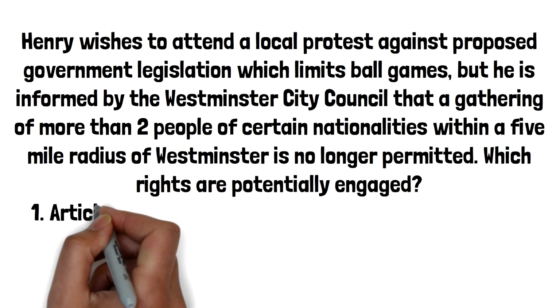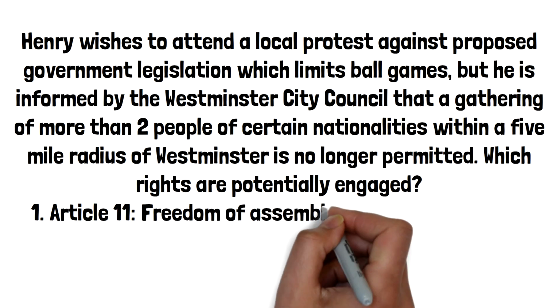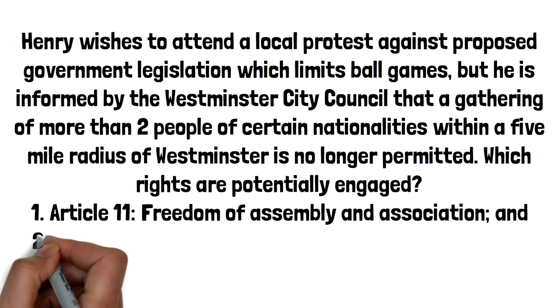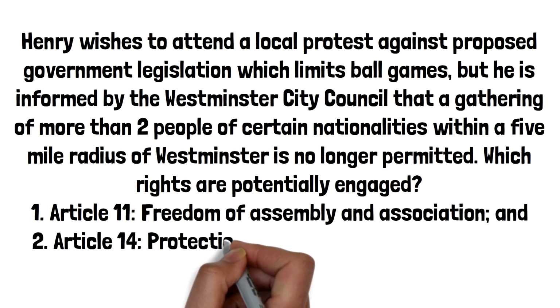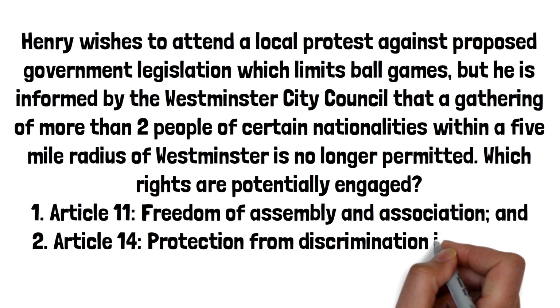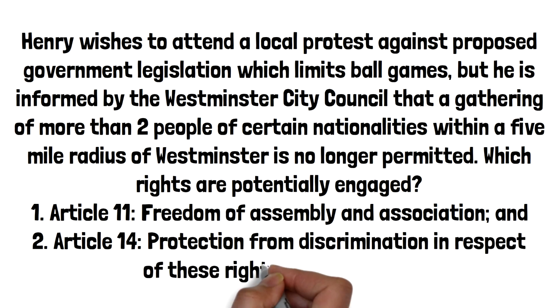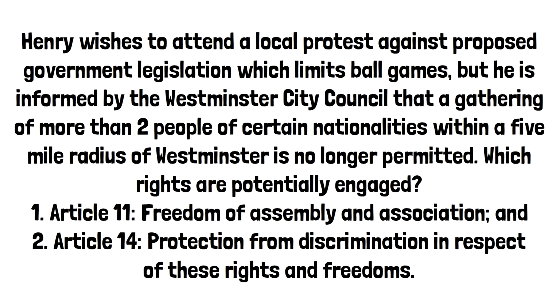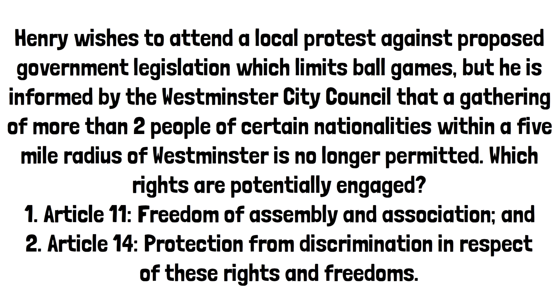Well, again, many rights are potentially engaged here, but primarily Article 11, so freedom of assembly and association, and Article 14, protection from discrimination in respect of these rights and freedoms. Because again, they've said that in this scenario, it's only if you're of a certain nationality that you're not permitted to gather for more than 2 people.